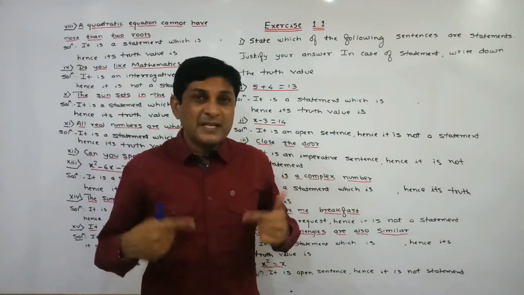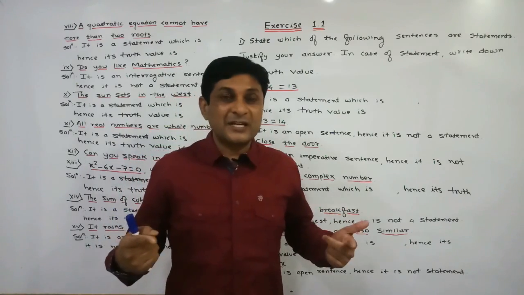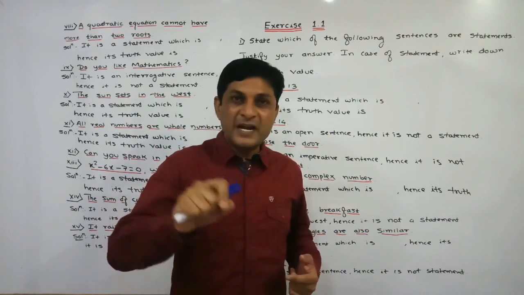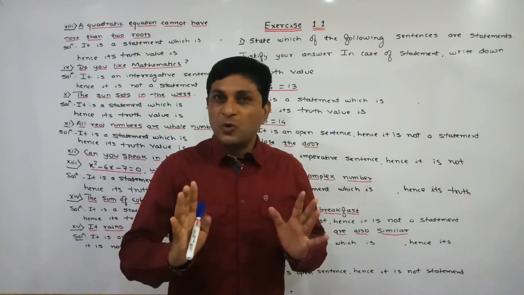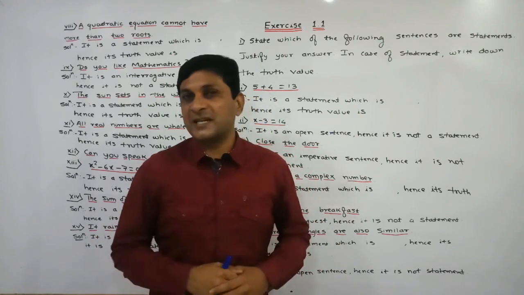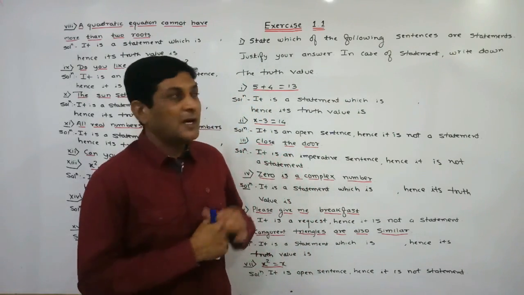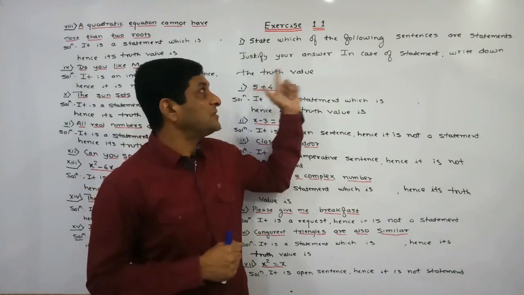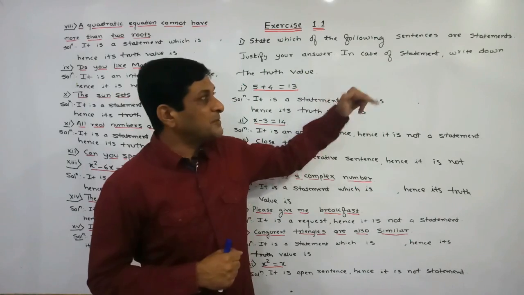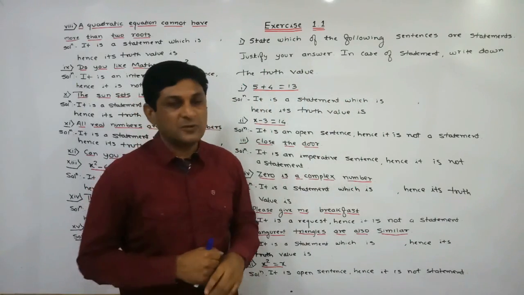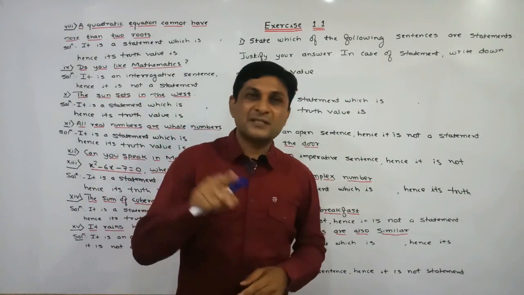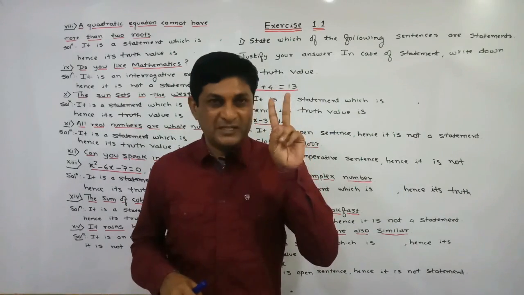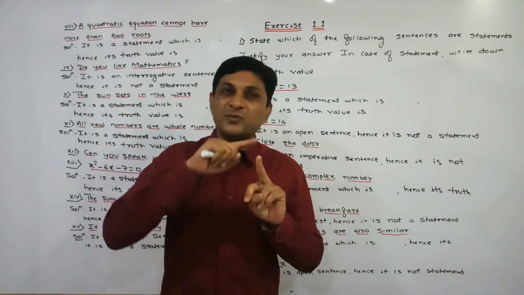When can we say that sentences are statements? If we are able to identify whether it is true or false, at that time we can say that sentences are what? Statements. Again observe the second part of this question. Justify your answer. In case of statement, write down the truth value. We know that if a sentence is a statement, then there are two possibilities: either it is true or it is what?